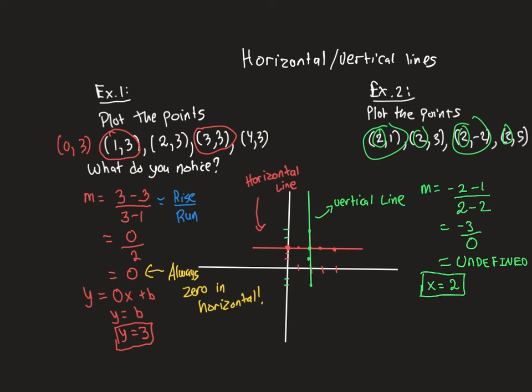There's no m, there's no anything else, just x is equal to 2. And just like with the horizontal, this is always undefined in vertical lines.